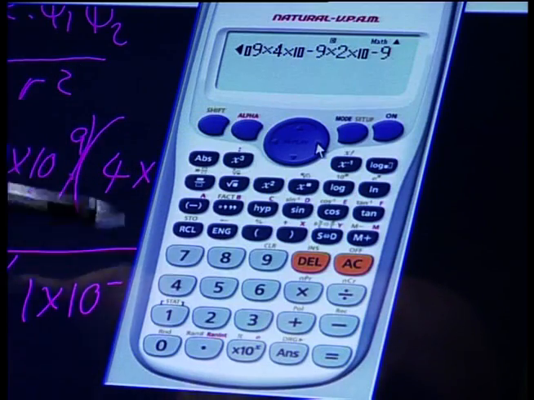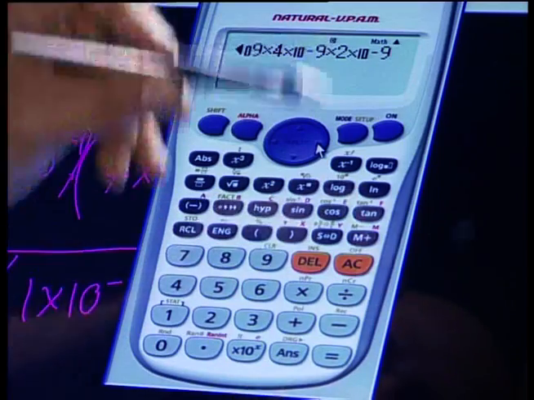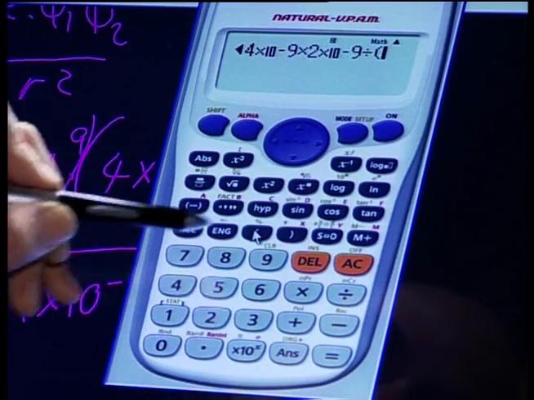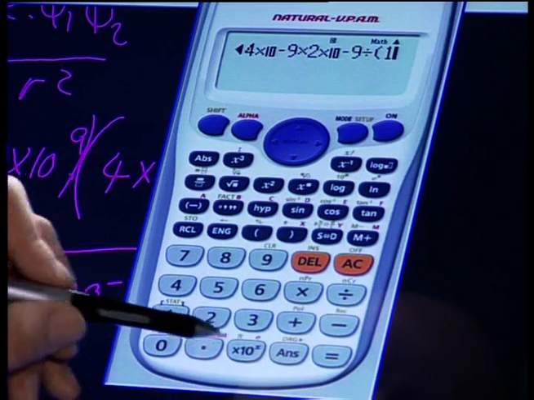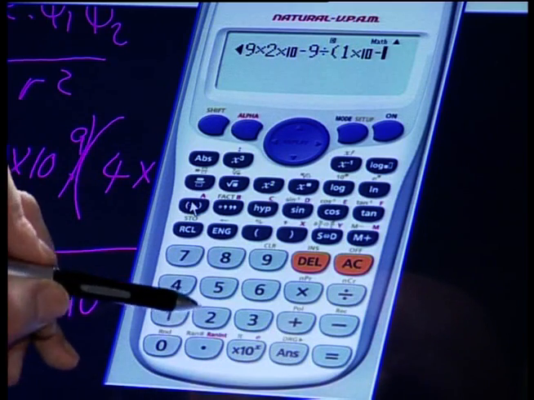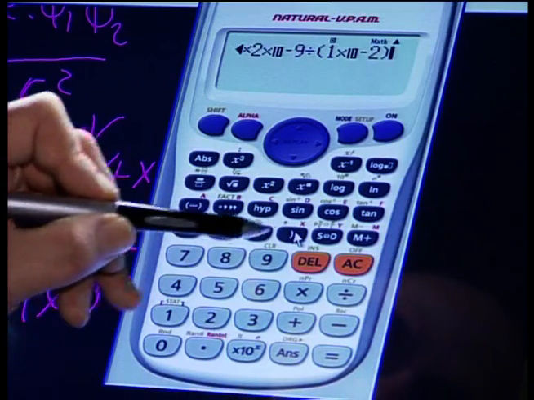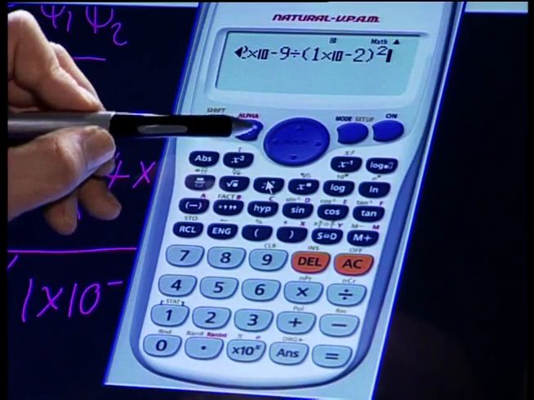Now, what I'm going to do is divide this whole thing by something in brackets, and I'm going to put it as 1 exponent minus 2, because I changed from centimeters to meters, and I want to square that. Now check that you've got the whole thing.